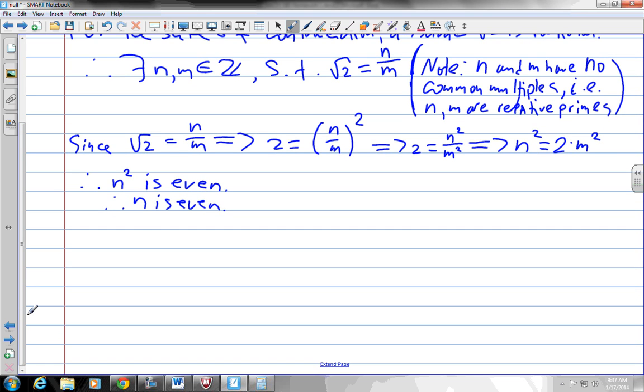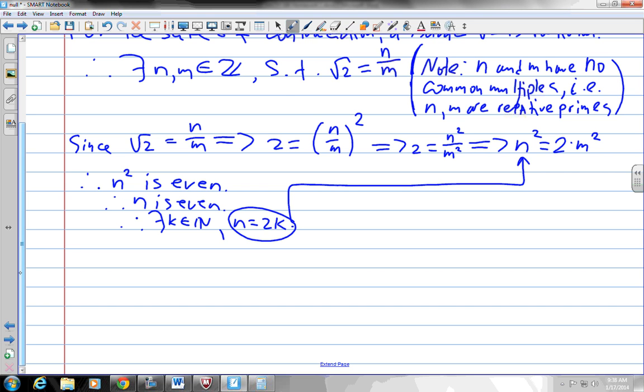So therefore n is even. Is that okay? So therefore, there exists a k among natural numbers or integers so that n equals 2k. Since n is even, I can always write it as 2k. Is that all right? Okay. So I'm going to take this fact and I'm going to substitute it in here. Because now n equals 2k.